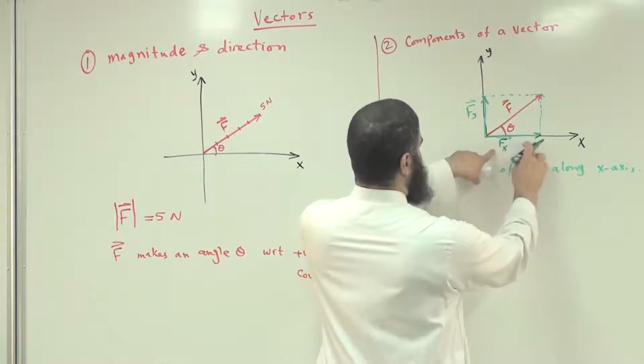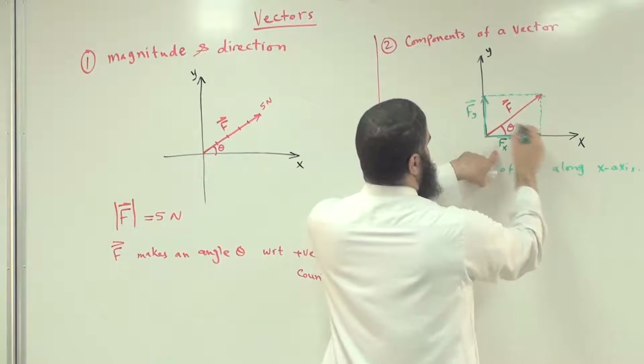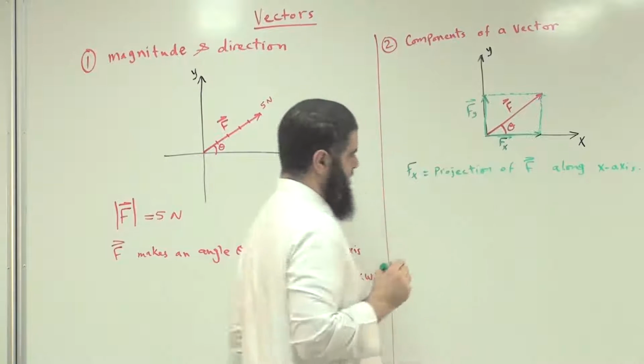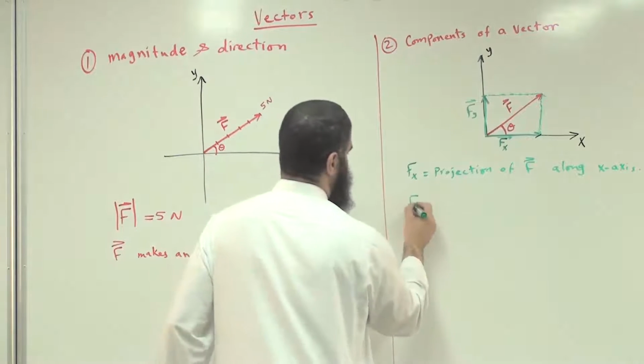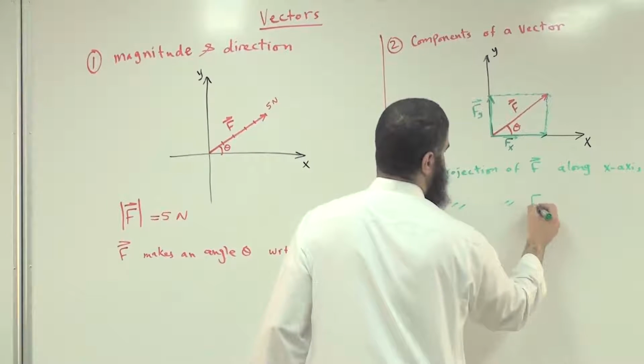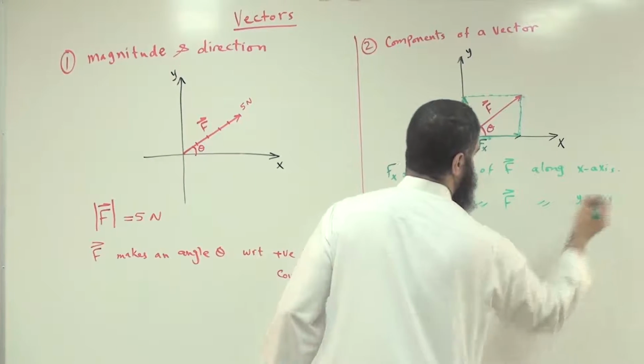Notice that this is Fx, which is the same as this, and this is Fy. We can also consider this as Fy. So Fy is the projection of the vector F along the y-axis.